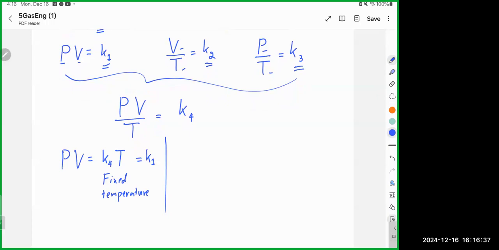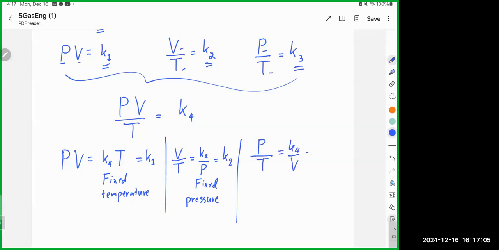In the case that you fix pressure, V by T equals K4 by P, which is K2. And for the last one, you can fix the volume. So P by T equals K4 by V, which is exactly K3.